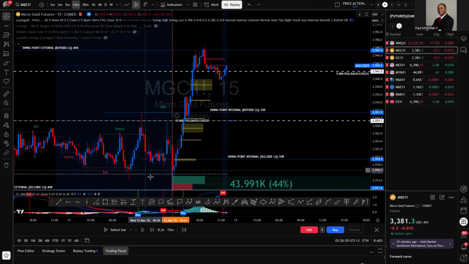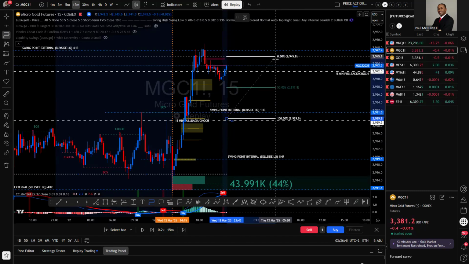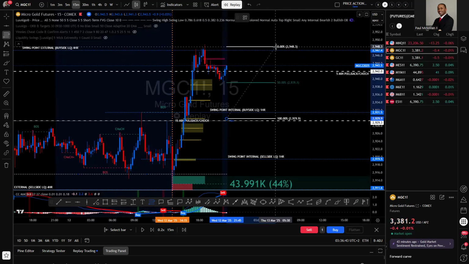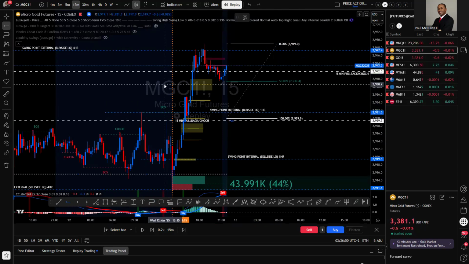So what I want to do is take the most recent lows and elevate it to here. Then I'm going to mark this as the 15-minute fair value gap.